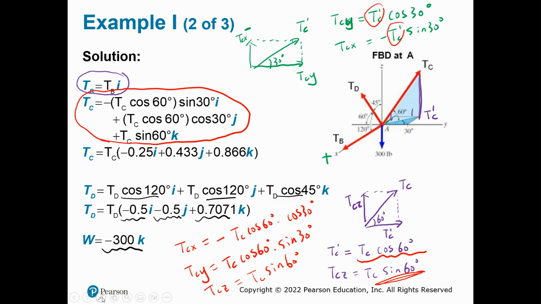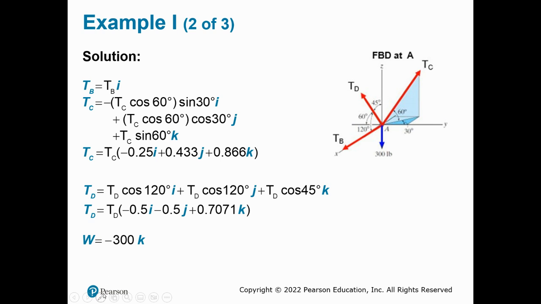So what it means is that over here, let me clean my page. Over here, what you're looking for is that you are going to put all the I, that one and that one together, all the I: TB minus TC cosine 60 sine 30, and then minus 0.25. Add that together.